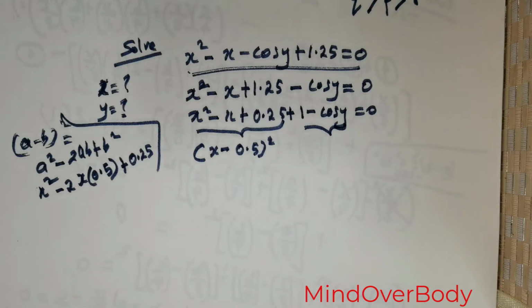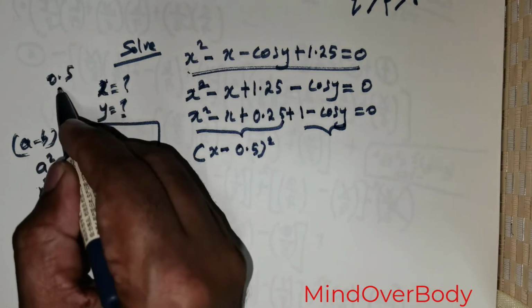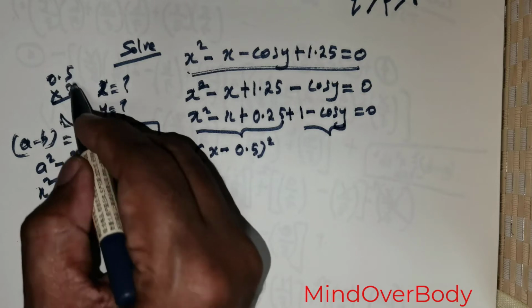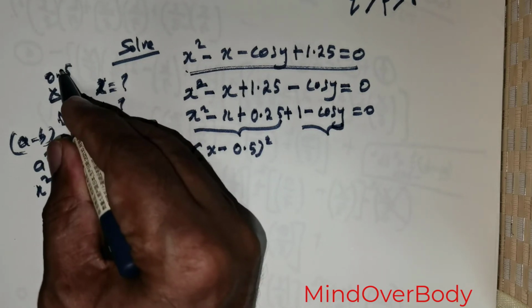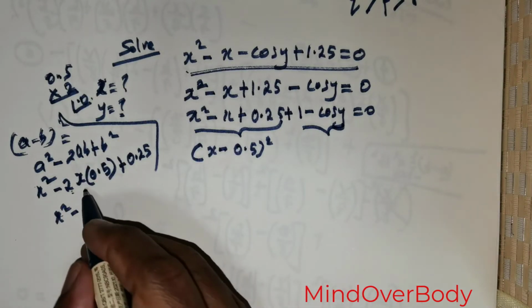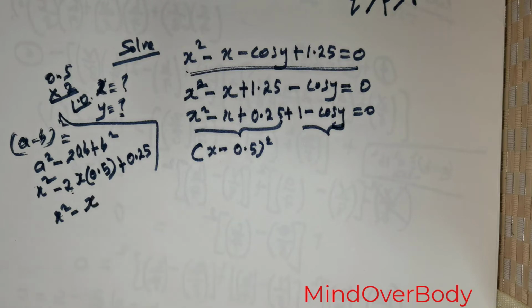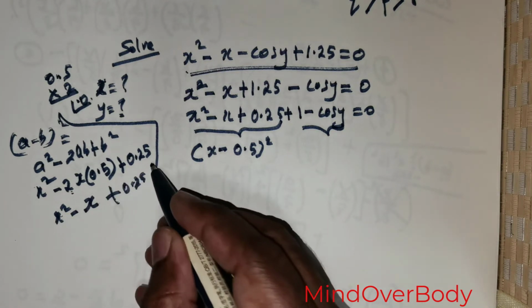Now if I multiply 2 with 0.5, 2 times 5 is 10, and the decimal place is after one digit, so this gives me x followed by 0.25.